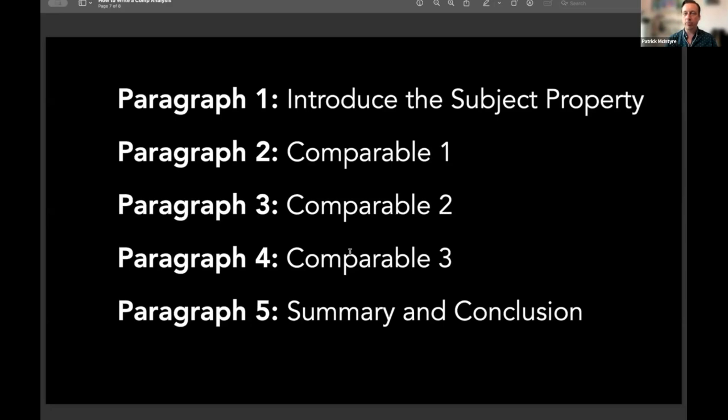You're introducing the property, comparing it to one thing, another, and another, and drawing conclusions from those comparisons. That's why it's so important to explain what you're doing. You have to bring the reader with you, so that by the time you get to that concluding net value, they're convinced.